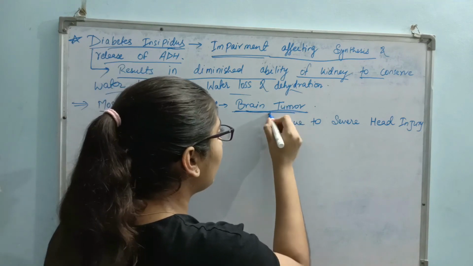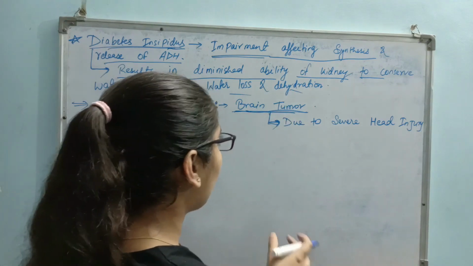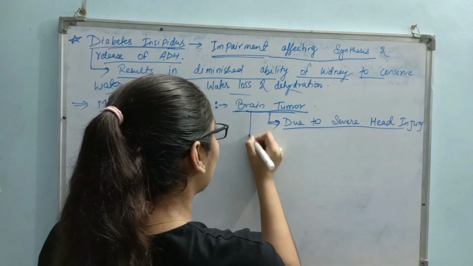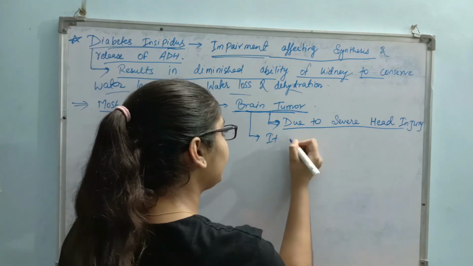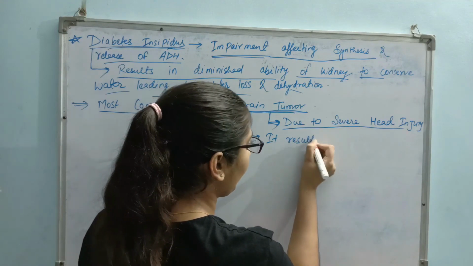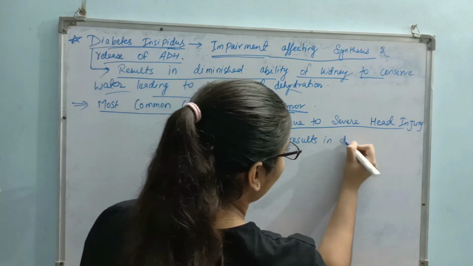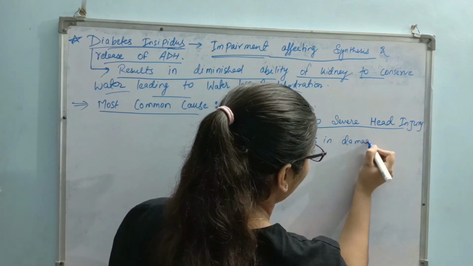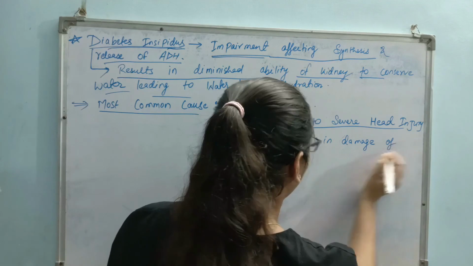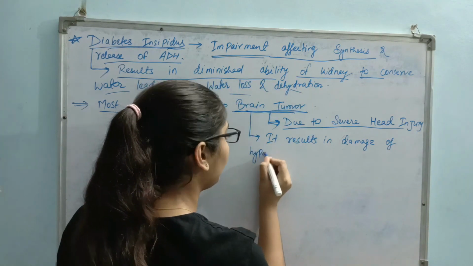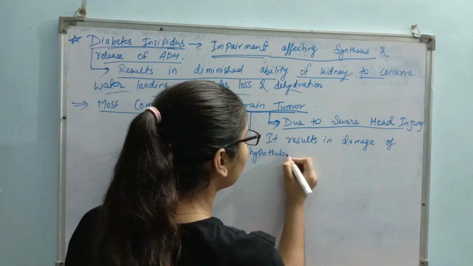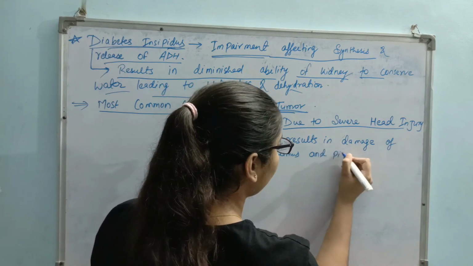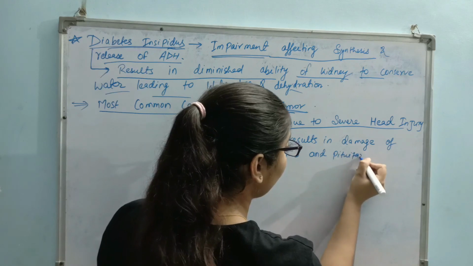Now, brain tumor occurs due to severe head injury. It results in damage of the hypothalamus and pituitary gland.